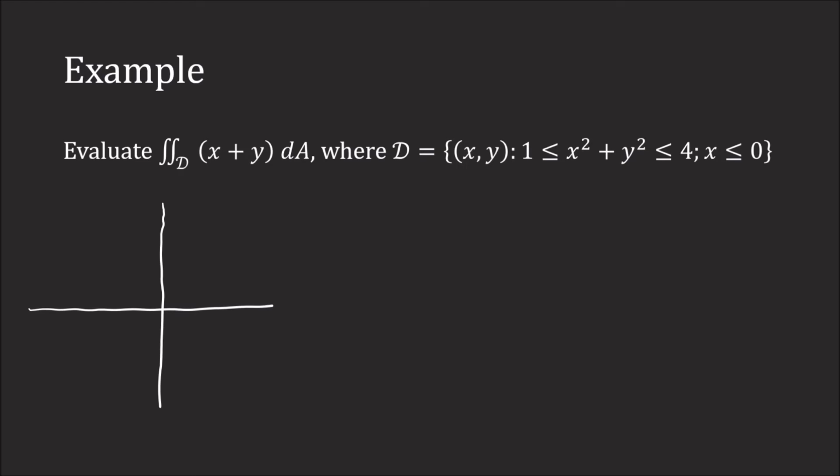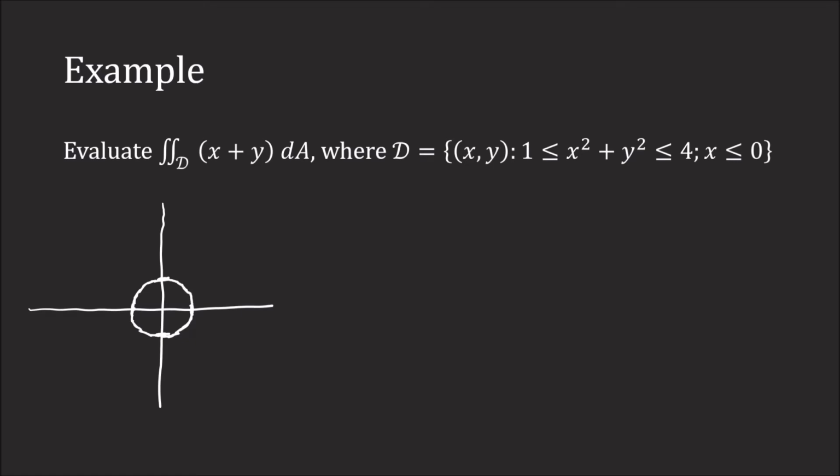Right, so x squared plus y squared equals something is a circle. So x squared plus y squared equals 1 is the unit circle. So that's 1, 1, 1, and 1 all the way around. This would be the circle x squared plus y squared equals 1.